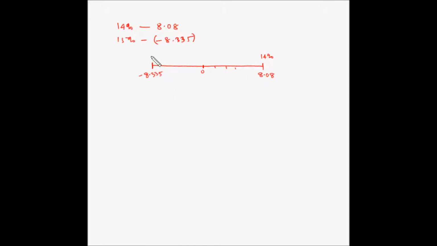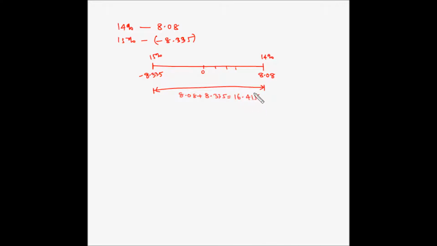And this is coming at 15%. So the total gap here is 8.335 on the left hand side plus 8.08 on the right hand side. So 8.08 plus 8.335, and this comes out to be 16.415.